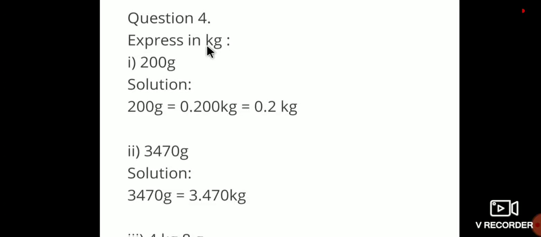Kg means kilogram, and 1 kg is equal to 1000 grams, so don't forget that one. 1 kg is equal to 1000 grams, and 1 gram is equal to 1 by 1000 kg. To convert a smaller unit to a bigger unit, you should divide, and to convert a bigger unit to a smaller unit, we should multiply.